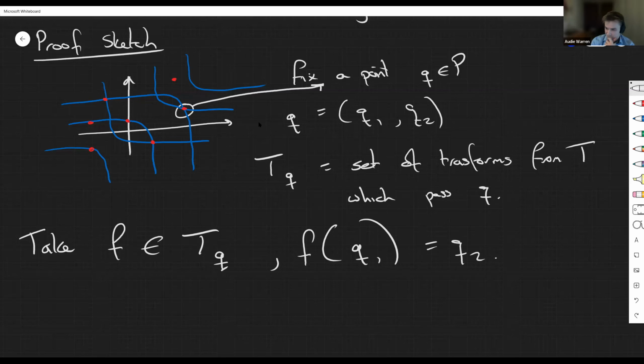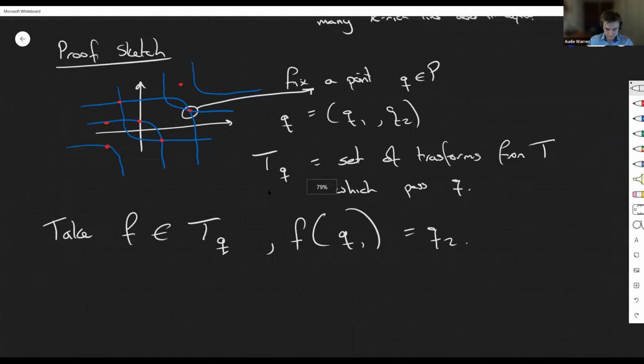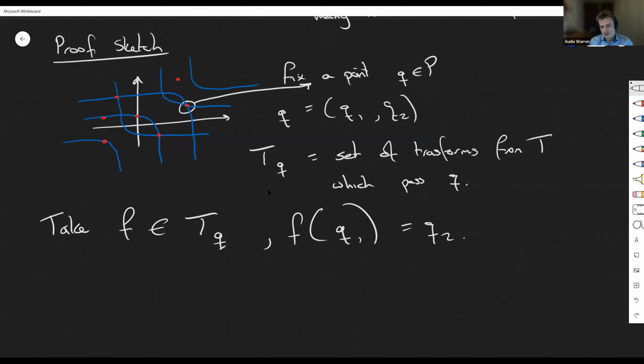This has to happen. If this didn't happen, it wouldn't go through the point. So we know that it sends Q1 to Q2. Now we need two other things, and they're both very simple.